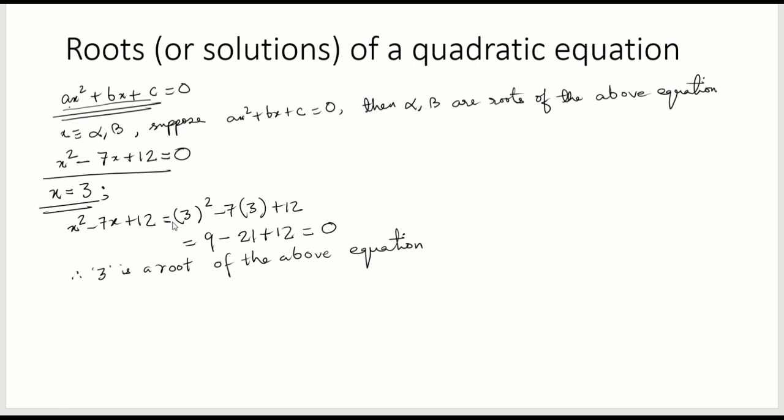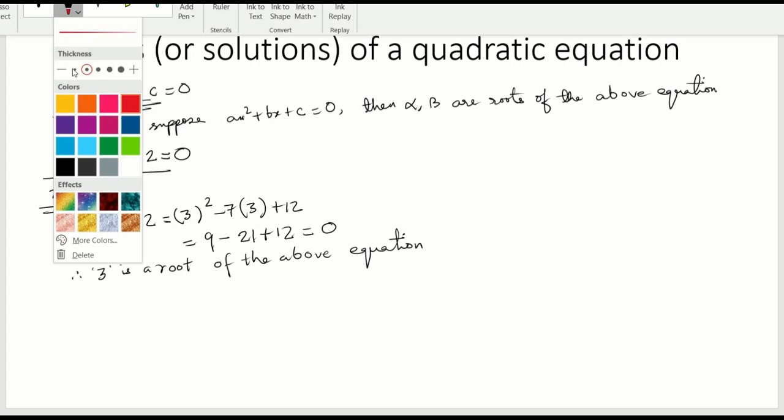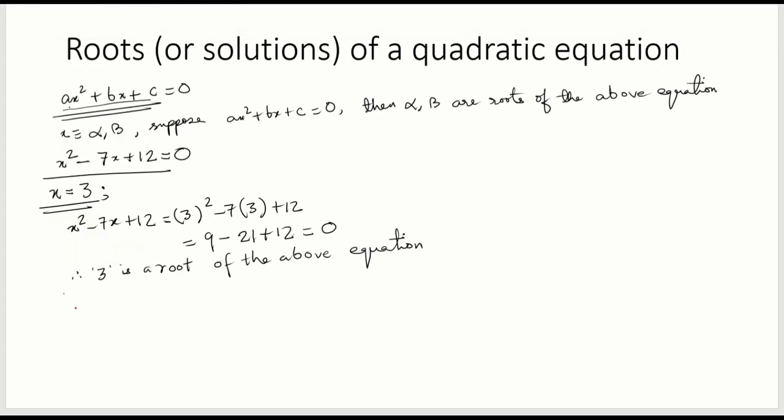Right? Now let's say we take x equals 2. Let's see what happens when we take x equals 2. We will similarly write x squared minus 7x plus 12. This time we will substitute x as 2. So we write 2 squared minus 7 into 2 plus 12.